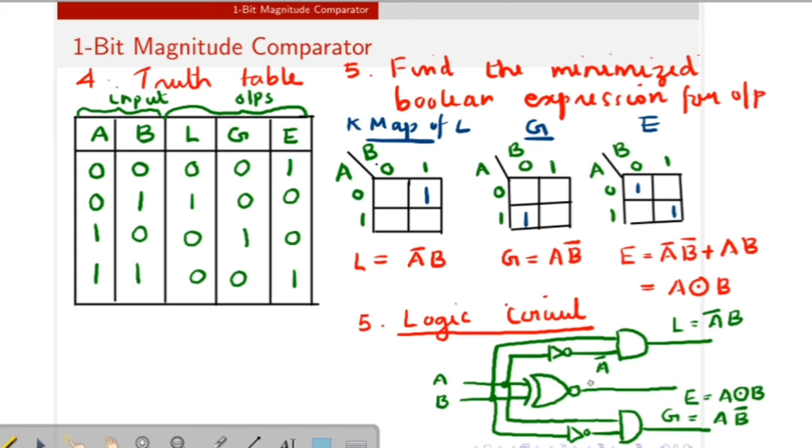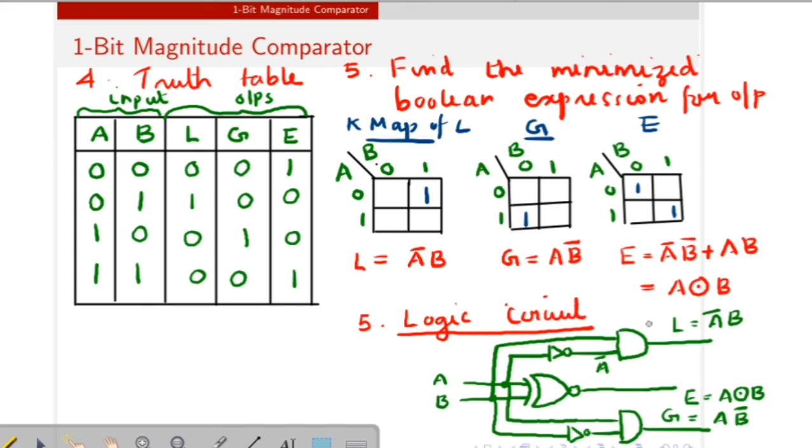Here, when both A and B are equal, it means that the single bits are equal. In the 1-bit magnitude comparator the input is only a single bit, and we can compare whether the bits are equal with an XNOR gate, because XNOR is actually an equality detector.